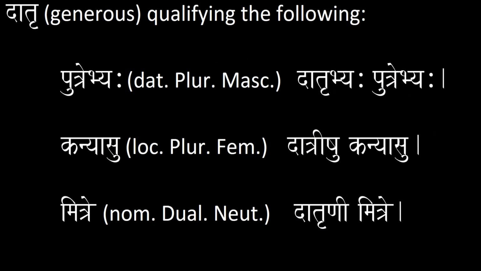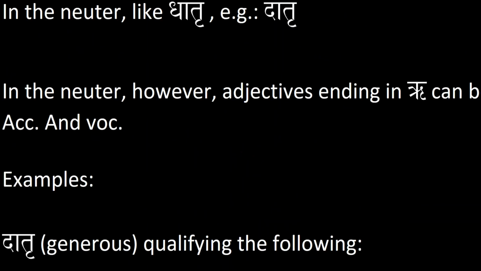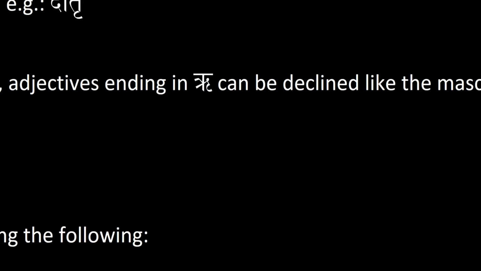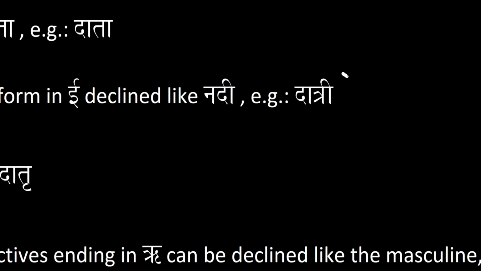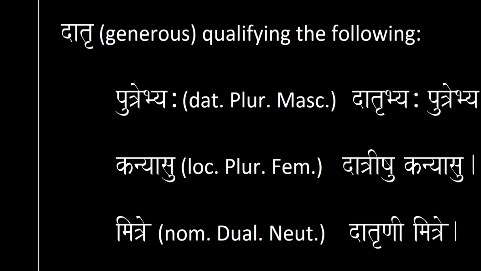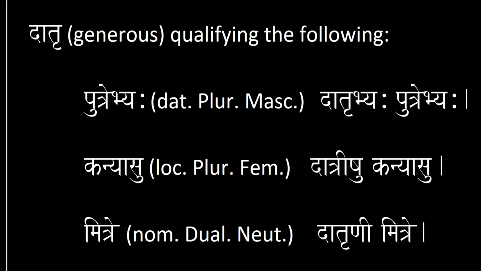And then for the feminine, it is declined like nadi. So we have kanyasu, which is locative plural and feminine. When datri is converted into datri, it is put into the appropriate case ending.